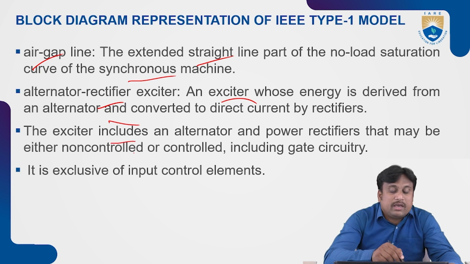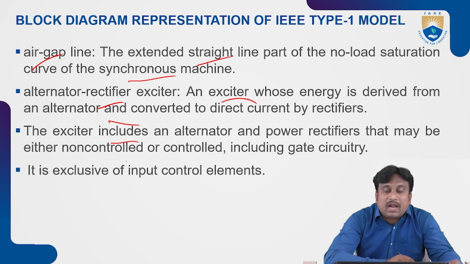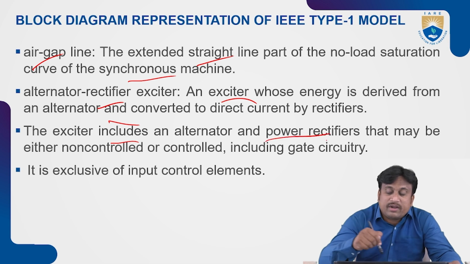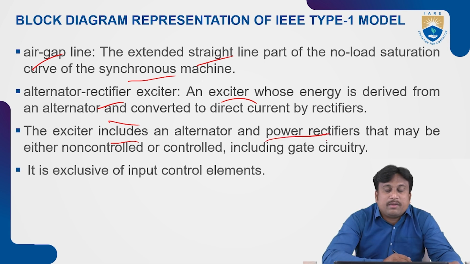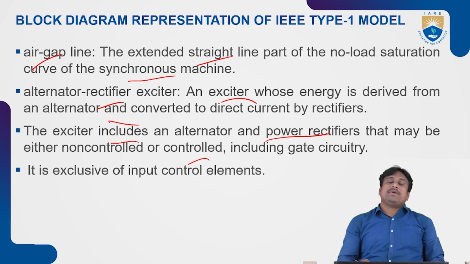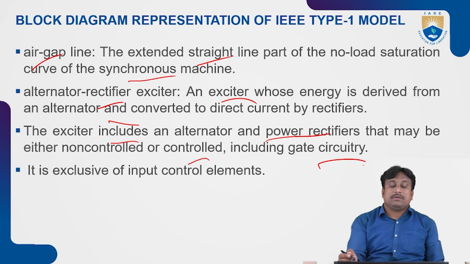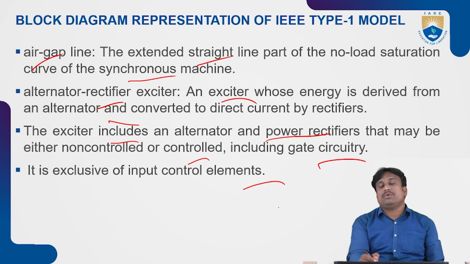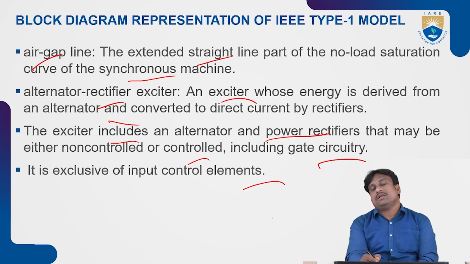That means the exciter includes an alternator and power rectifiers, which may be non-controlled or sometimes controlled in nature, possibly with gate circuitry. It is exclusive of input-output control action terminals.